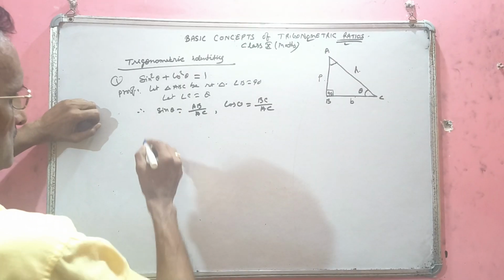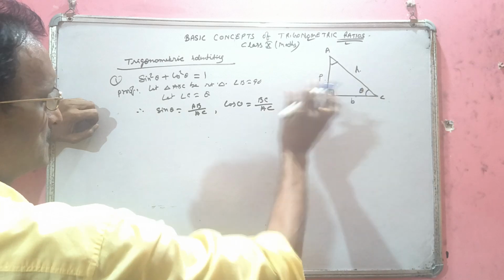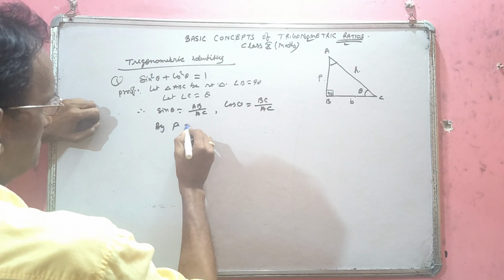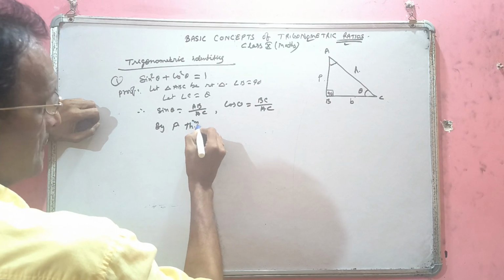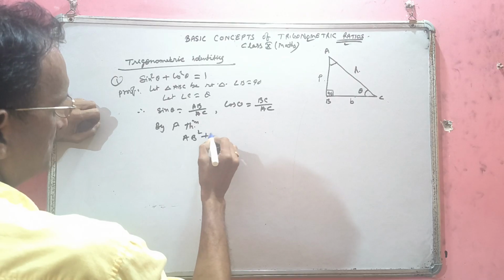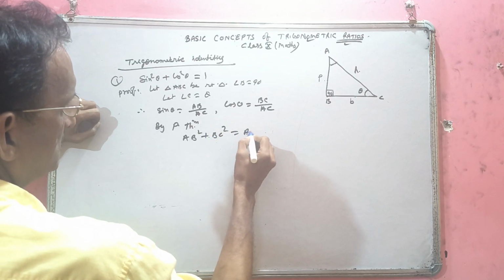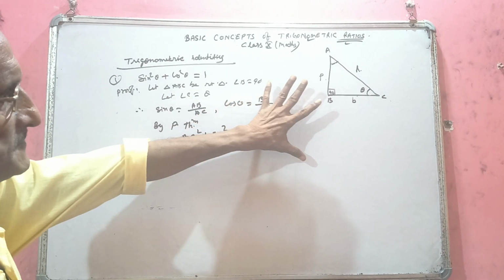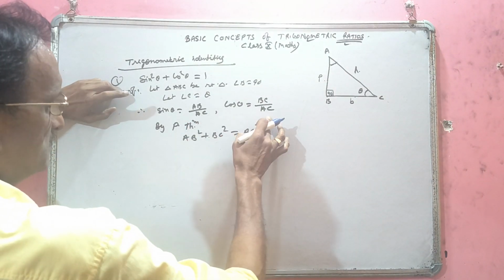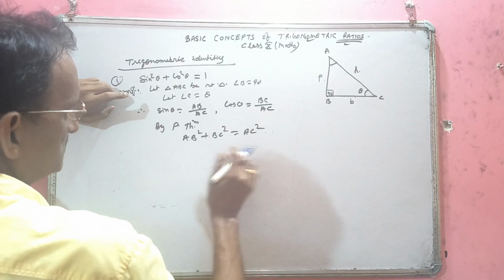Understood? Now, in a right angle triangle we have the Pythagoras theorem. So by Pythagoras theorem, what will you get? AB square plus BC square equals AC square. Very simple, you know the Pythagoras theorem. Now see, in the denominator we have AC, so we divide both sides by AC square.